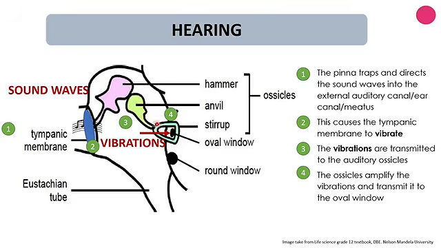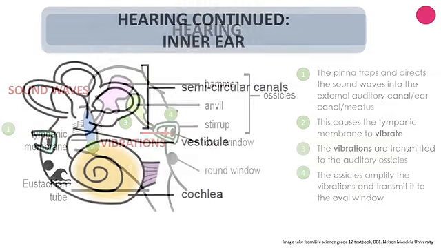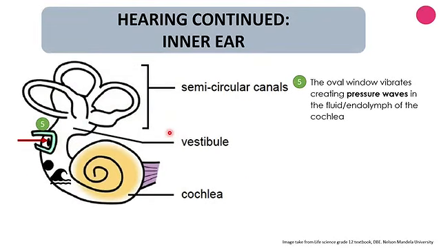So remember, these are sound waves, this is then vibration, and the function of the ossicles is to amplify the vibration to the oval window. From there, the oval window vibrates, creating pressure waves. So we go from sound waves to vibrations to pressure waves.